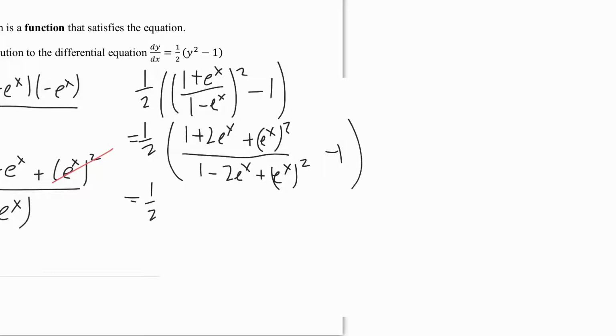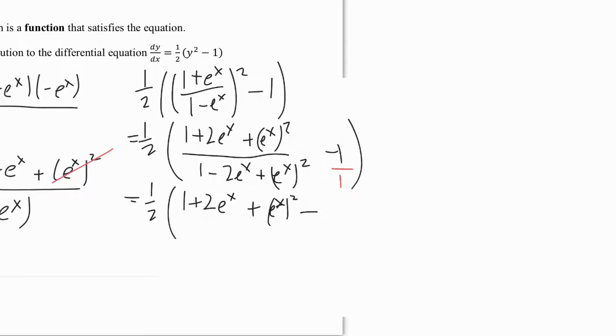So now let's common denominator that. So this will become 1 plus 2e to the x plus e to the x squared minus, well, if we were to common denominator that, we can maybe just write that here.